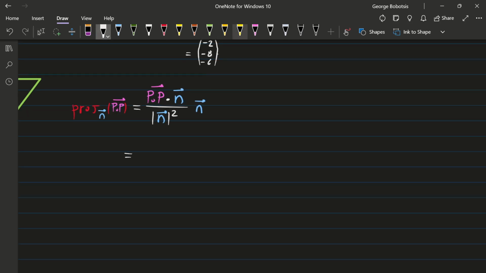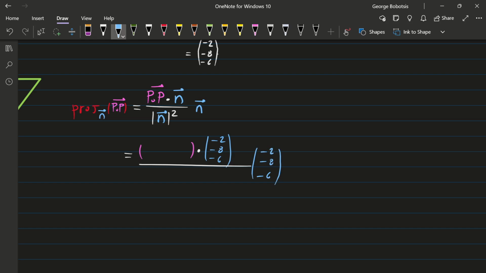All right, here we go. Get the P naught P in here, dotted with N, which I have right above me there. I can just copy it right now. It is -2, -8, and -6. And then we put it at the front as well, -2, -8, and -6.